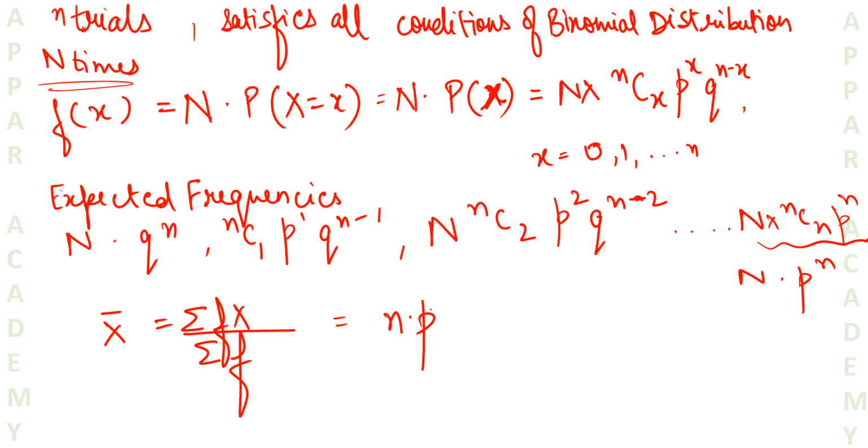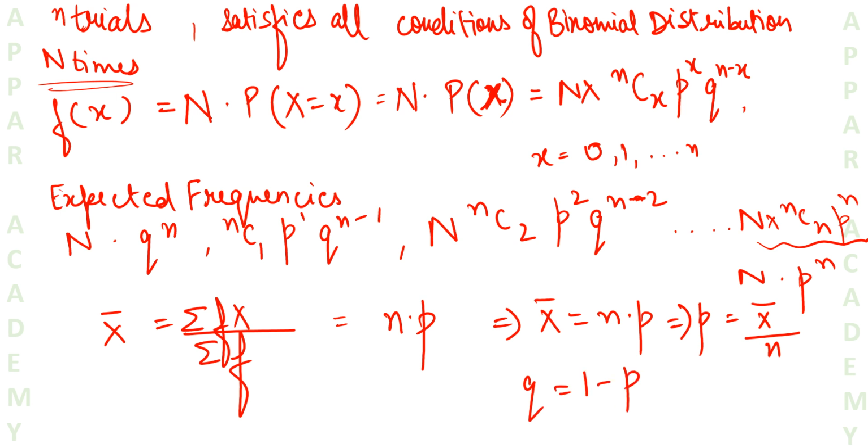So by equating these, we get p equal to mean divided by n. From this I can also find q, that is 1 minus p. Now since I have the values of p and q, I can substitute and compute these expected frequencies. So if I'm not given the value of p, I can equate it with the mean and find the values of p and q.